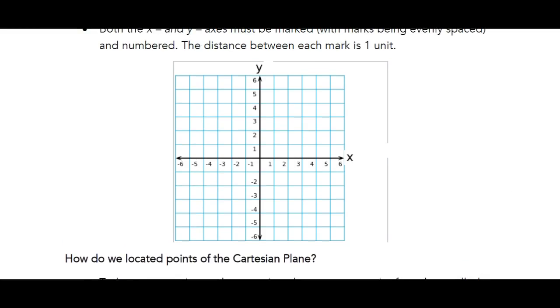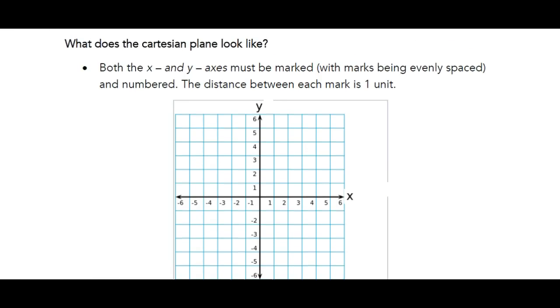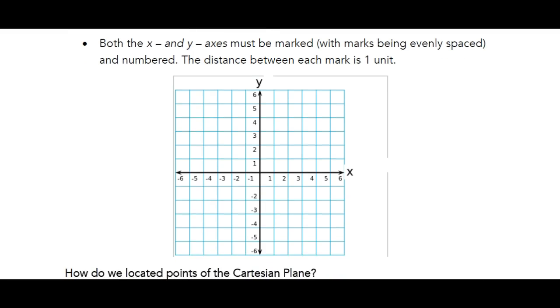In this diagram, you notice that two lines cut each other at 90 degrees. What do we notice in this diagram? We notice that the marks on the x and y axis have been evenly spaced, and the distance between each mark is 1 unit. On the center of the x and y axis is our 0.